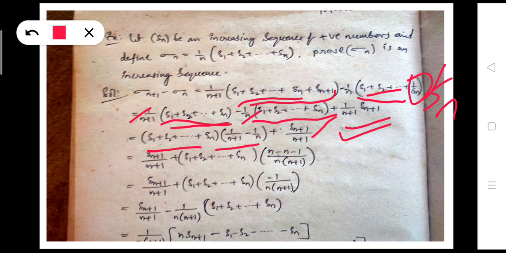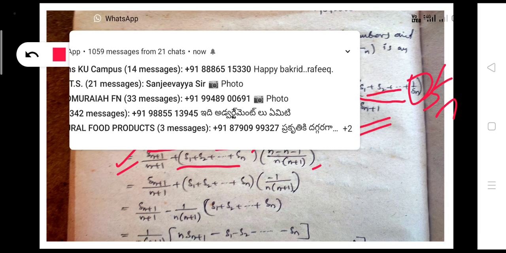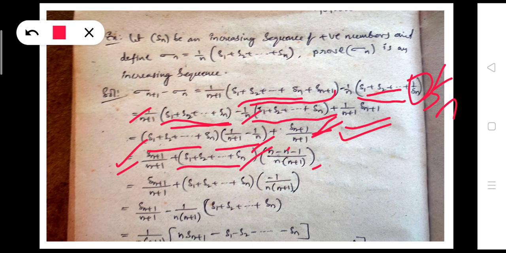So Sn plus 1 by n plus 1 is the first term, plus the common term S1 plus S2 plus ... plus Sn times (1 by n plus 1 minus 1 by n). Simplifying, the LCM is n into n plus 1, so n minus n minus 1, and n minus n gets cancelled. We get only minus 1 by n into n plus 1.